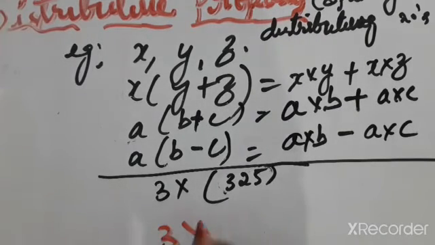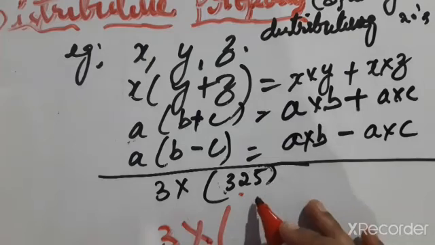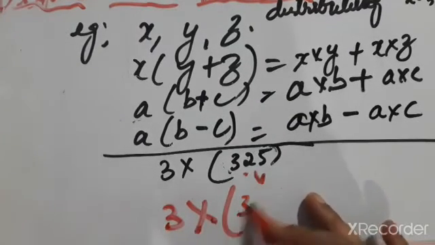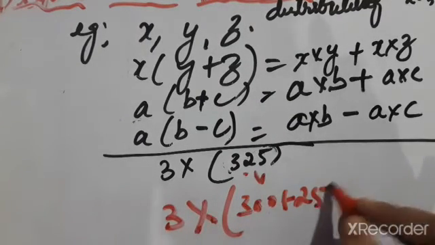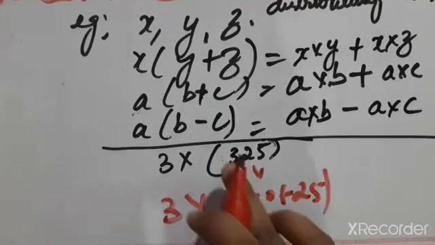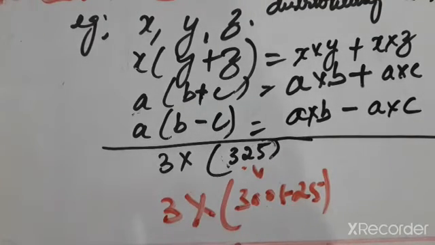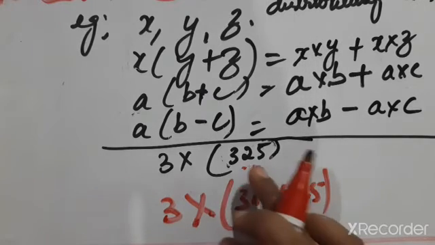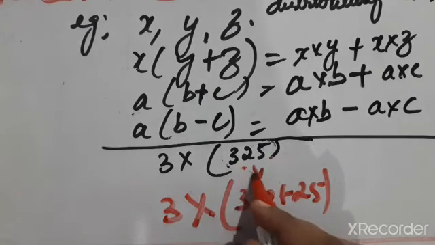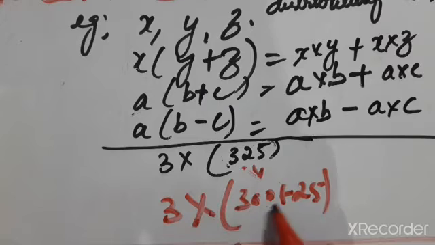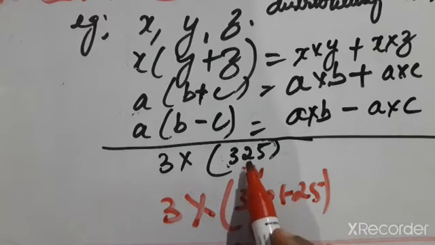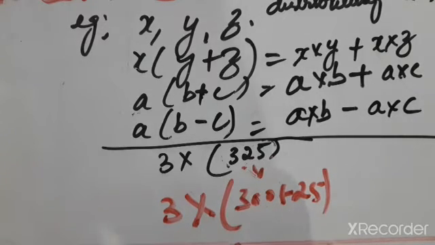3 into 325, where 325 is split into 300 plus 25. We can split any numbers. To simplify, the 00 form, when the last digit is 0, it is easy for calculation. Now 325, here we are splitting 325 into 300 plus 25. 300 plus 25 is equal to 325, no change.